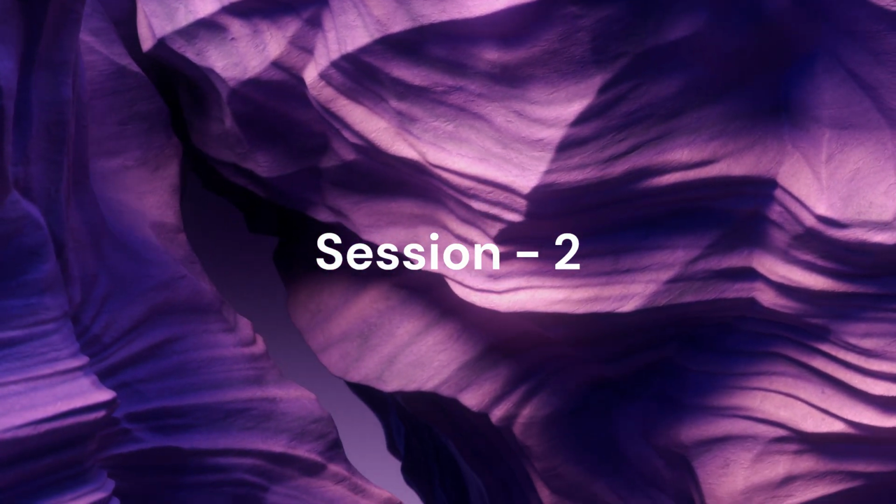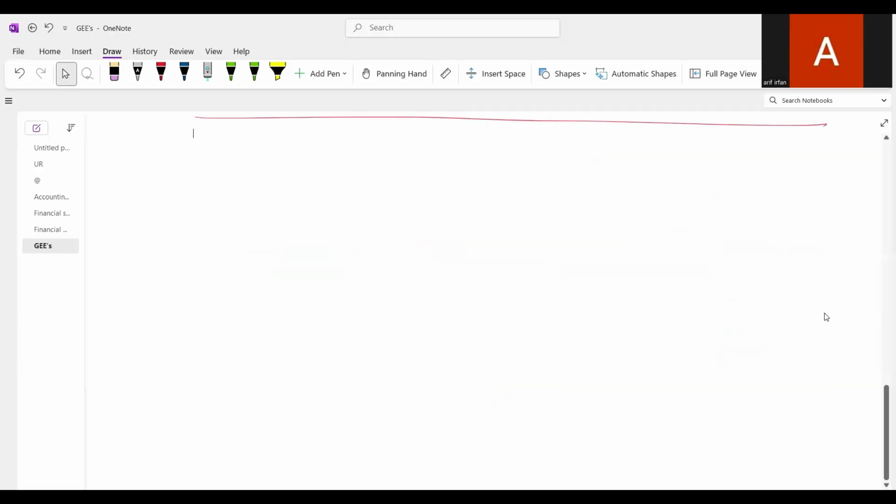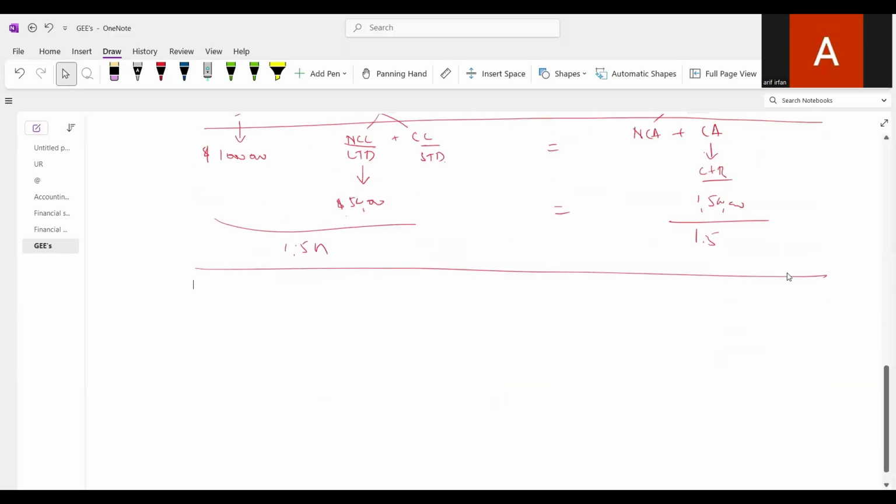So now we will do a few new transactions today, up to here is the same, so that we can understand these things in the right manner.